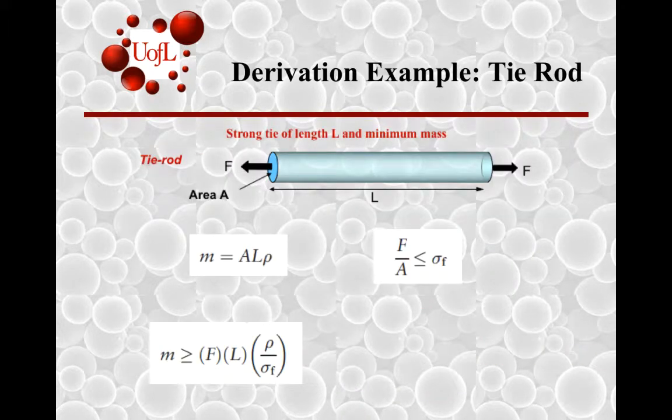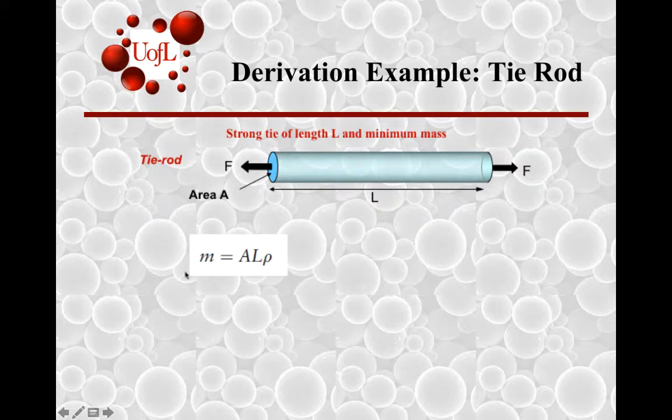So the tie rod, we had seen that we wanted to minimize the mass that can carry this load F. And so if you minimize the mass, you want to minimize the cross-sectional area if length is fixed. But if you reduce it too much, it will exceed the overall failure strength.